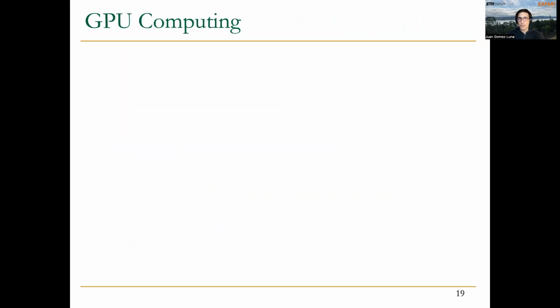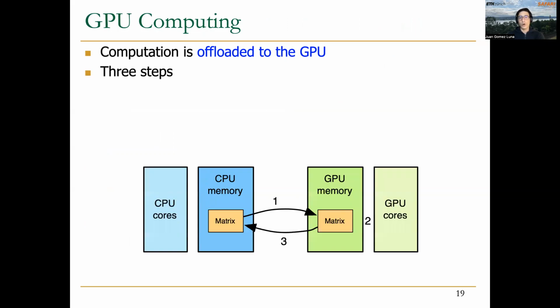Let's start from the beginning. GPU computing, or heterogeneous computing in systems with GPUs, basically starts on the CPU and the CPU memory, the main memory of the system, and there are three main steps. First of all, we need to transfer the input data from the CPU memory to the GPU memory, that is typically called global memory.